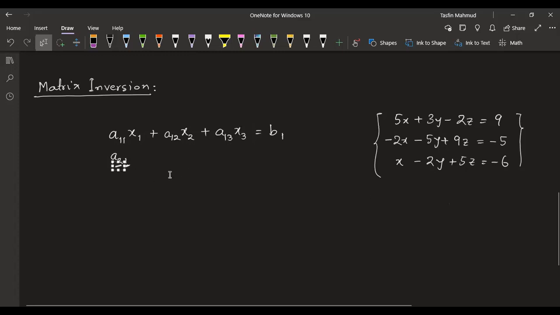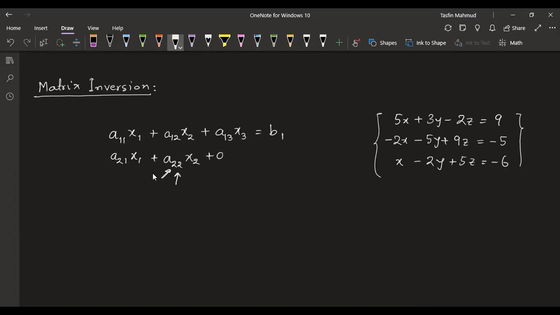So the first term is a21 x1, then a22 x2, where 22 means the second equation and the second unknown, plus a23 x3, where 23 means the second equation and the third unknown, equals b2.